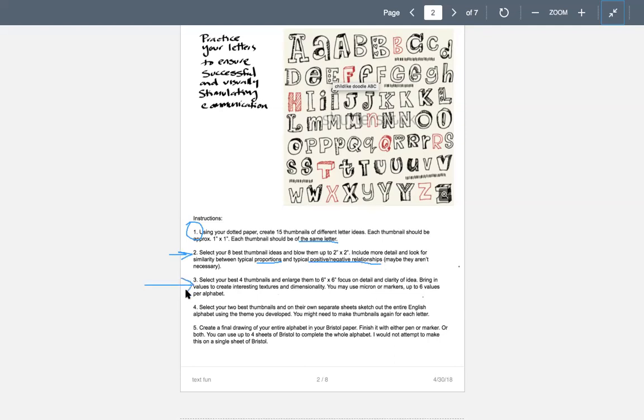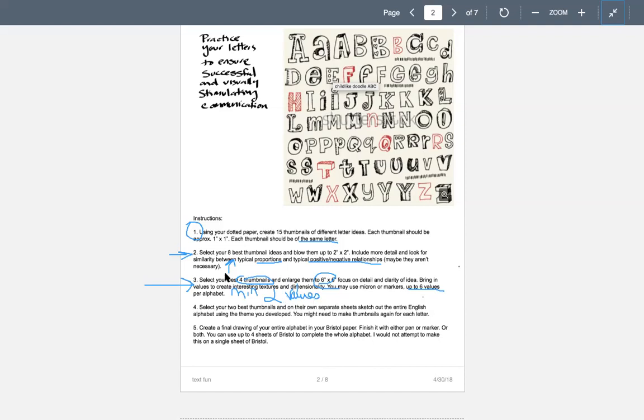And now here you're using your 4 best thumbnails of these ones to enlarge them to 6x6. Maximum of 6 values, but a minimum of 2. So let me write that in there, minimum of 2 values. Now, sorry, it's hard to write with this.